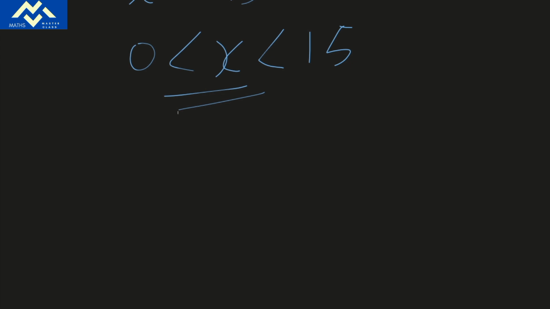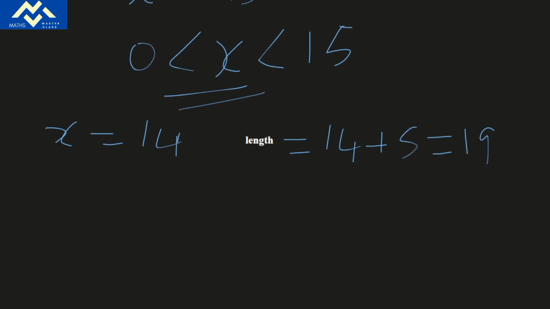Let's verify and see. Remember, our inequality came from the condition that the perimeter must be less than 70 meters. Let's try a width of 14 meters. If the width is 14 meters, then the length will be 14 plus 5, which equals 19 meters. Now let's find the perimeter using the formula.